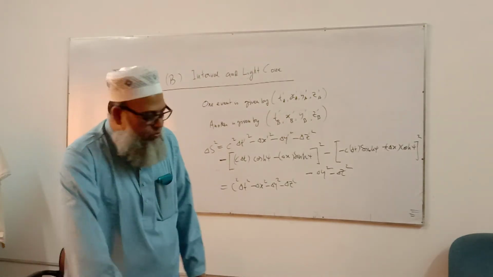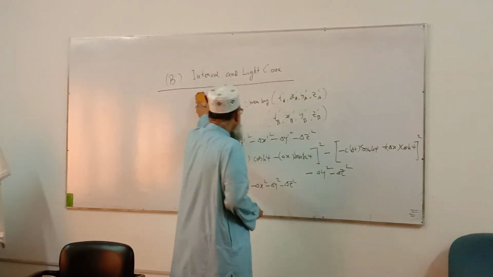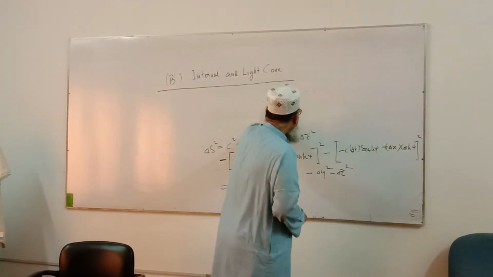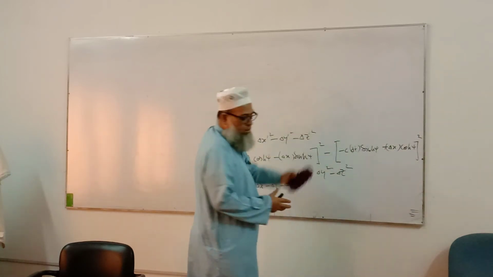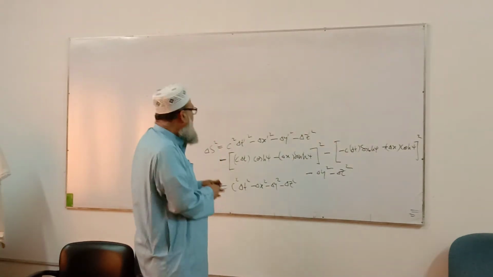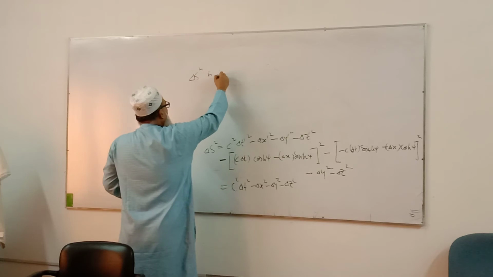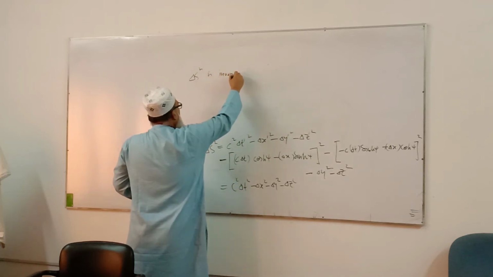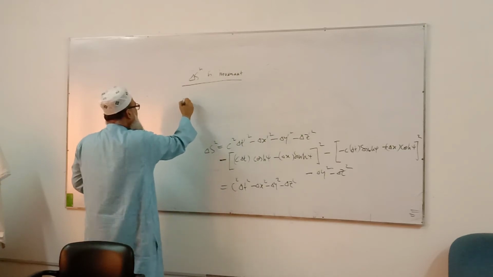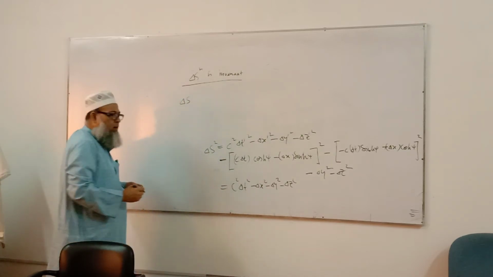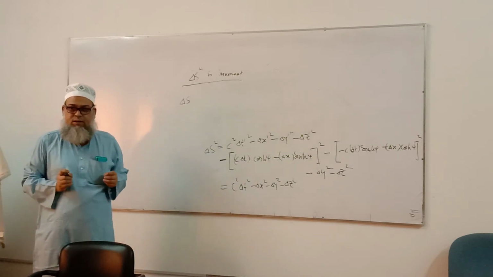Now, since del s squared is an invariant quantity, there are three types of intervals.